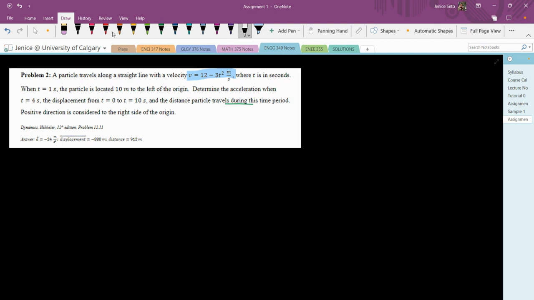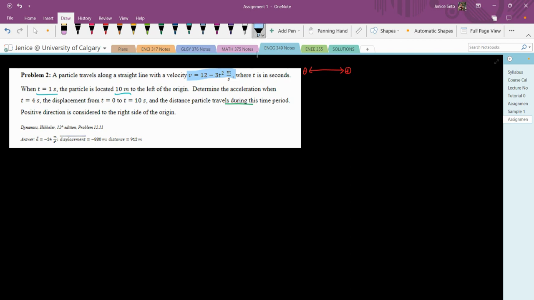So we need to specify that in our system, left is negative and right is positive. And we're given two initial values here. We're given when t is equal to 1 second, it's located 10 meters left of origin. We're given a time and a position that correlate to each other.